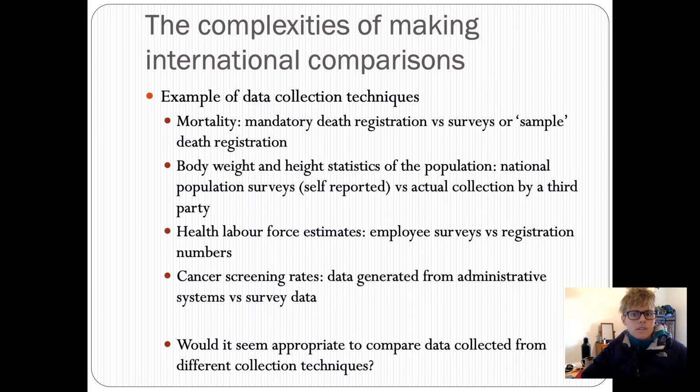Or, as another example, sometimes body height and weight statistics are self-reported by way of a national survey, which creates space for positive or social desirability bias. A question for you to reflect upon here is as follows. Is it appropriate to compare data collected from different collection techniques? So here we're really getting you to think and or question the limitations of international health data and comparisons between countries.